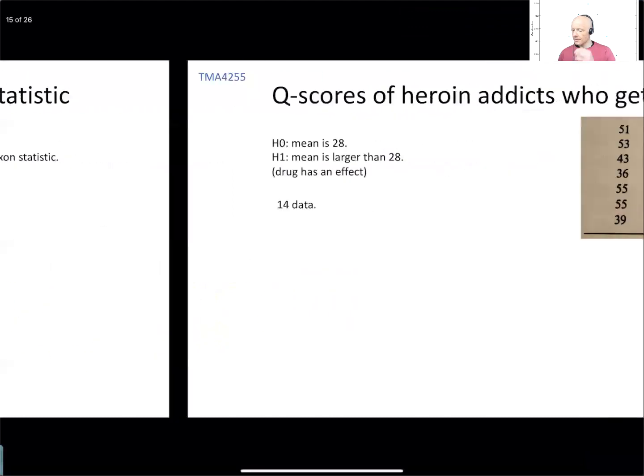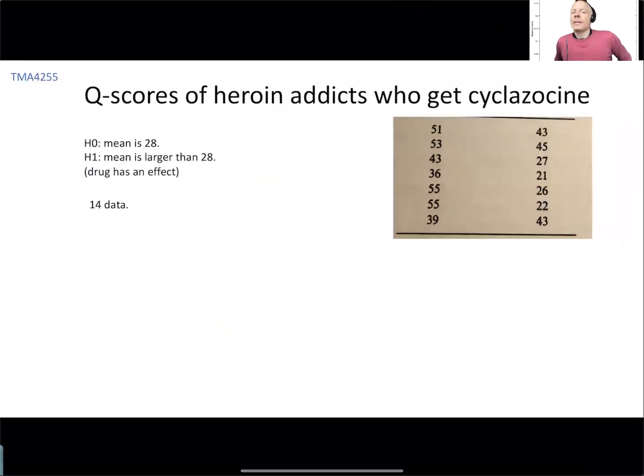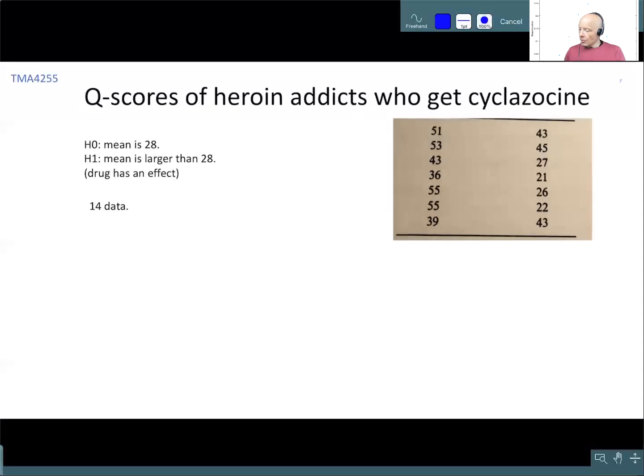So let's do this in an example. This is an example of a medicine taken by heroin addicts. And to check the effect of the medicine, they compare the scores on a test with the current value of 28 that is common for addicts.